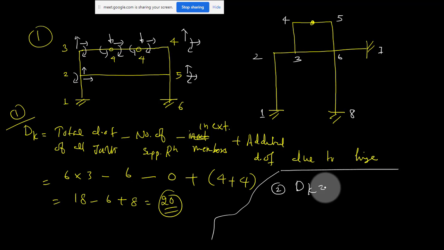I have 8 joints, so it is 8 into 3. The total degree of freedom of all the joints: it is a 2D frame, so 3 degrees of freedom at each joint. 8 into 3, minus the number of support reactions.